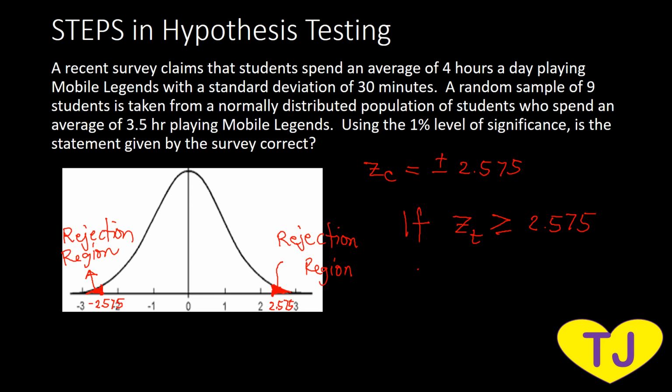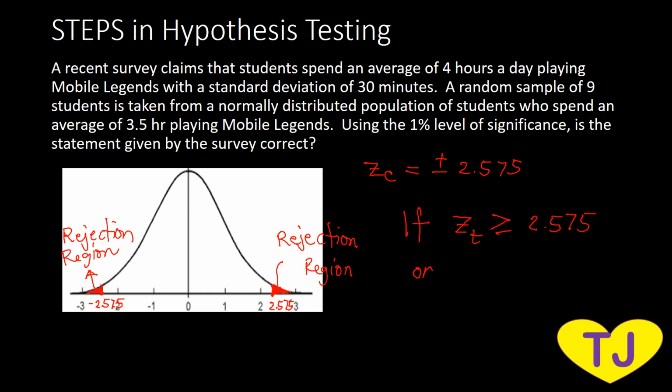You can have an "or" here, because later on we will be computing for the z value. And once we have a positive or a negative value, we will be comparing that to the critical value. So, if that z value is greater than or equal to 2.575, we reject the null hypothesis.